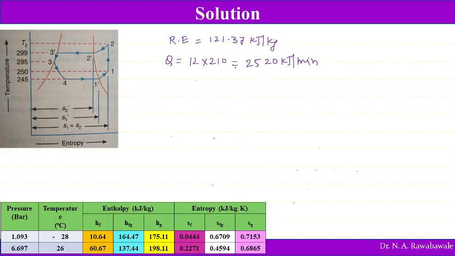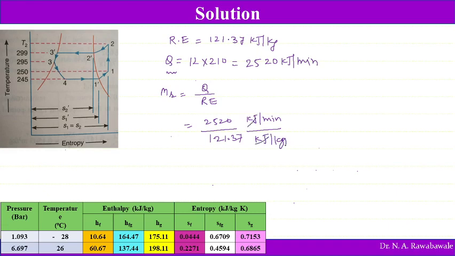If we divide this capacity by the refrigerating effect, we get the mass flow rate of refrigerant. So the mass flow rate MR is given by Q divided by the refrigerating effect. Q is 2520 kilojoules per minute divided by 121.37 kilojoules per kg.